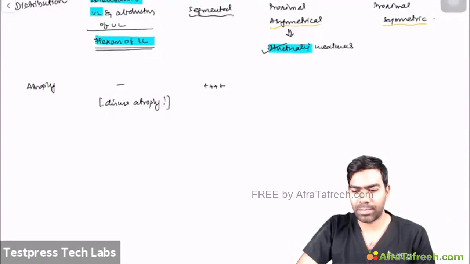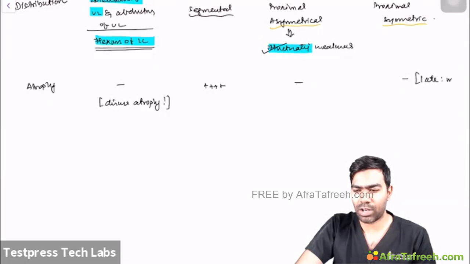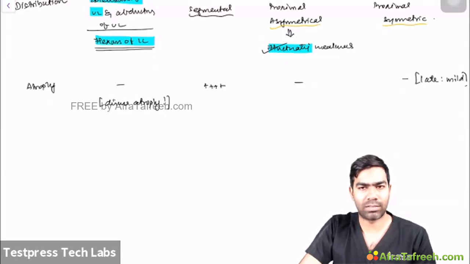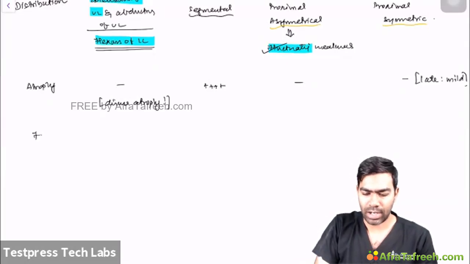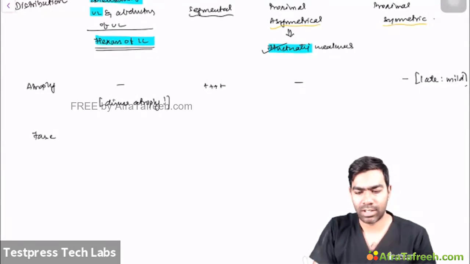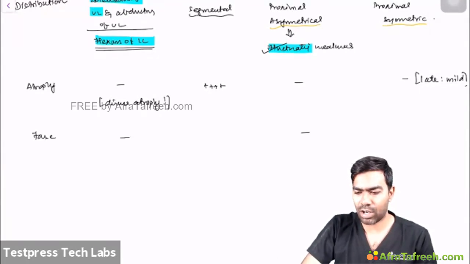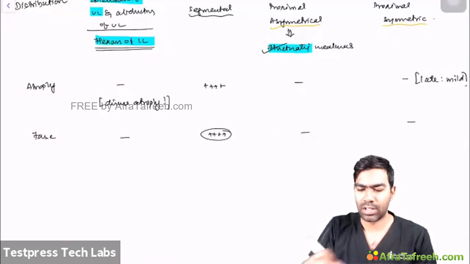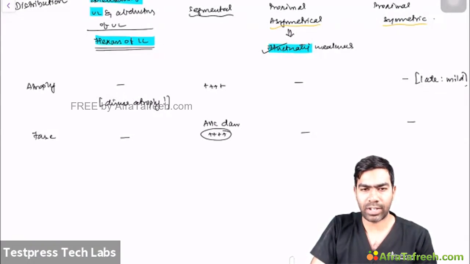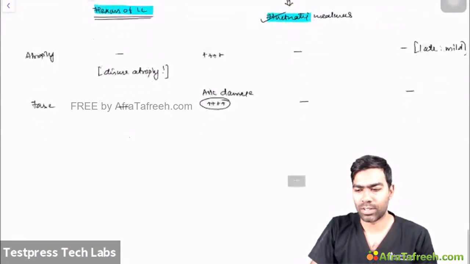At the same time, atrophy is not a feature of NMJ disorders, and again, atrophy is not a feature of myopathy also. In very late stages, there can be a mild atrophy, but atrophy is typically not a feature. As far as fasciculations are concerned, definitely fasciculations are not a feature of any of these disorders. Fasciculations are a feature of only an LMN lesion. Typically, it tells you that the patient is having an anterior horn cell damage. That's what fasciculations are all about.